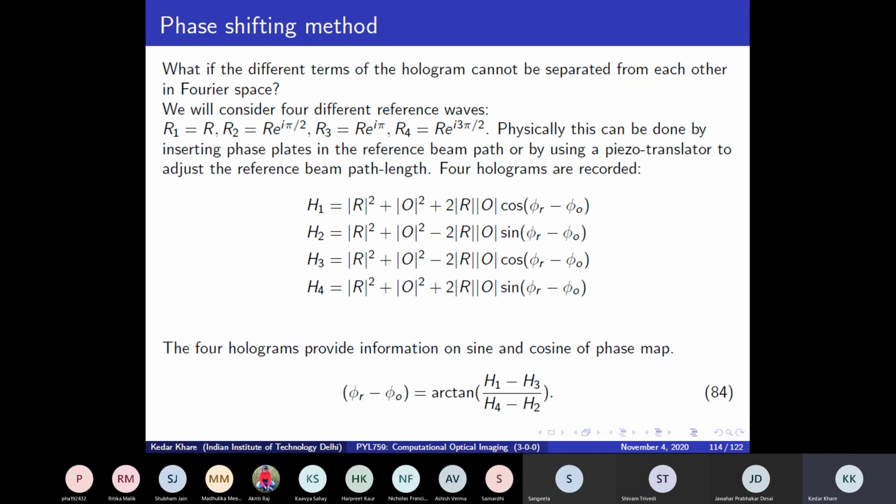And so when you do H4 minus H2, you are subtracting two independent noise realizations. So in terms of standard deviation, the noise increases. And also when you do H1 minus H3, you are subtracting two independent noise realizations, and so the standard deviation of noise again increases. And so phi r minus phi 0, although it looks like a simple equation, there is going to be some noise on top of this kind of measure.